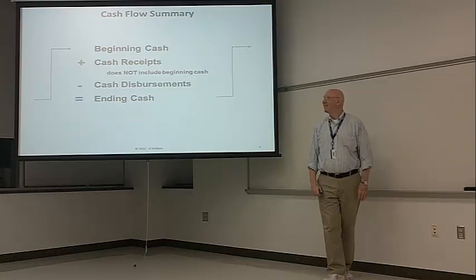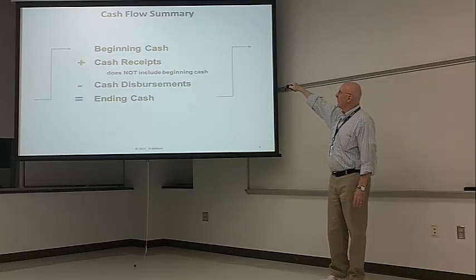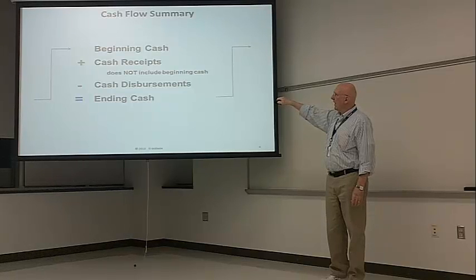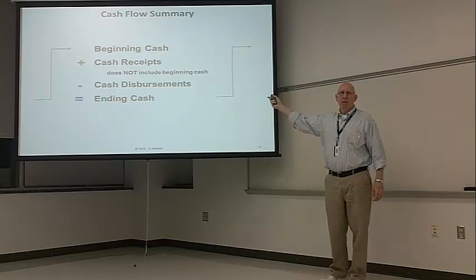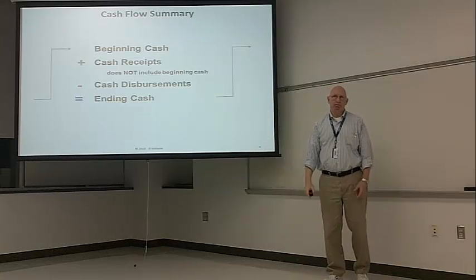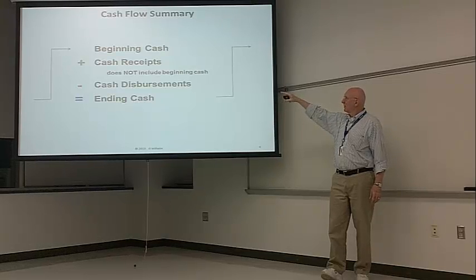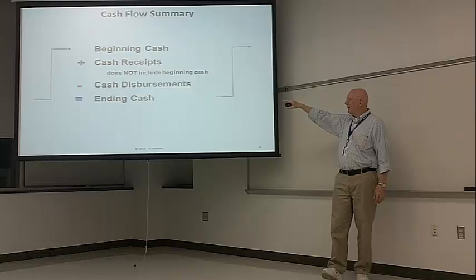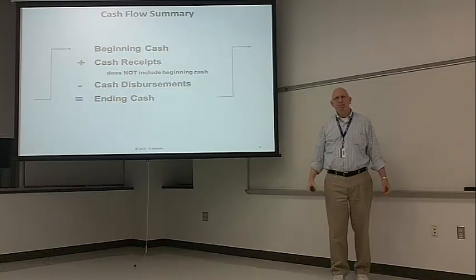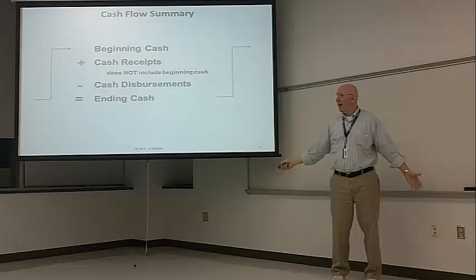Here it is. Once again, we have beginning cash. Whatever the cash was at the end of the previous period is now the beginning cash for this period. We add the cash receipts, we subtract the cash disbursements, and we've got the ending cash.